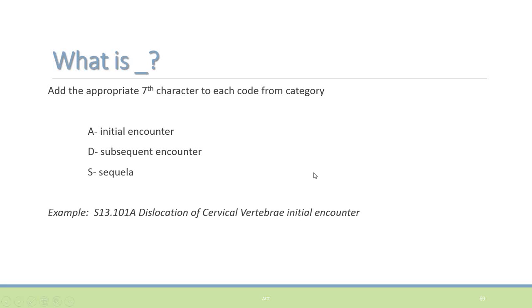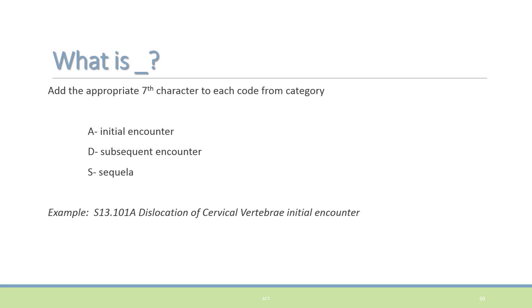On the next claim, when you do a treatment or in the subsequent encounter, I'm going to recommend that you put D. You have to change it to D or S. S is sequela. That is a residual. So if you think a patient is presenting with traumatic subluxations that's a residual from an earlier trauma, you would use S. I'm going to recommend you don't use that very often because the auto carriers and work comp will start questioning pre-existing condition.